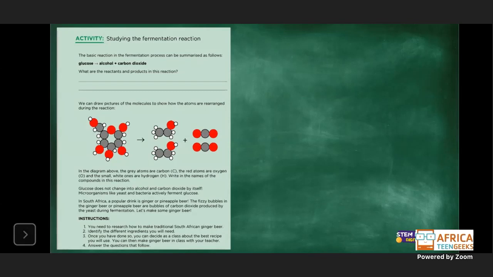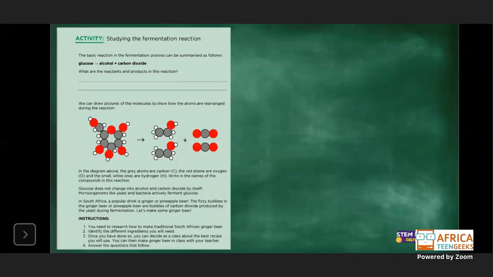I think I should just quickly say this, as I don't think I said it. Every time, we always have an arrow, which distinguishes between our products and our reactants. The left-hand side of the arrow always indicates the reactants. So in this case, our reactant is glucose, and the products formed are alcohol and carbon dioxide.